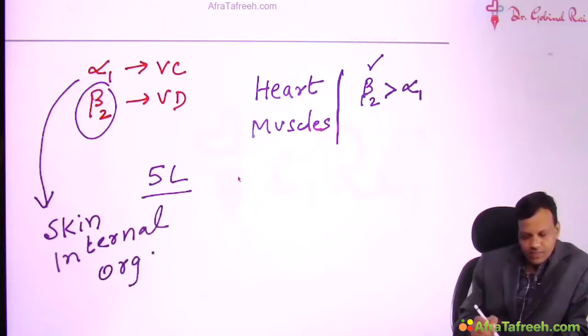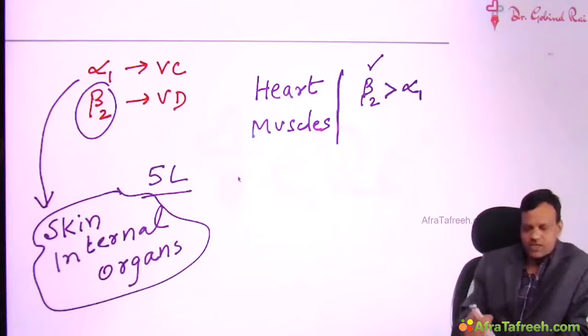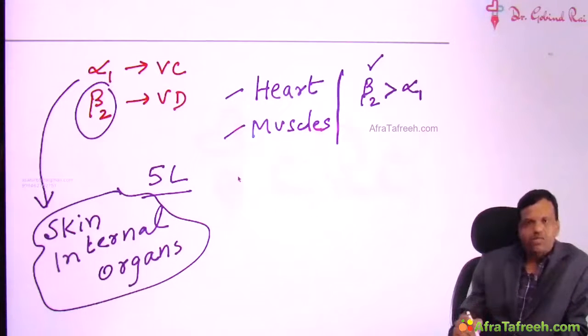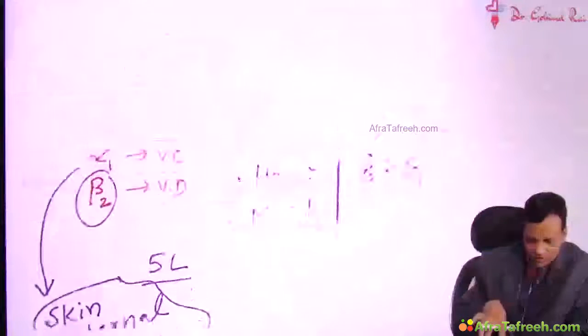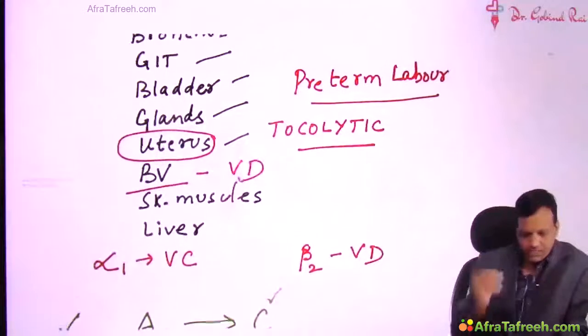So whenever there is an emergency, there will be vasoconstriction in these areas because alpha 1 is more, and this blood is shifted to the heart and muscles so the person can run quickly. So alpha 1 receptor is more in skin and internal organs, whereas beta 2 is more in the blood vessels of heart and muscles. So this is the effect of the sympathetic system on the blood vessels.